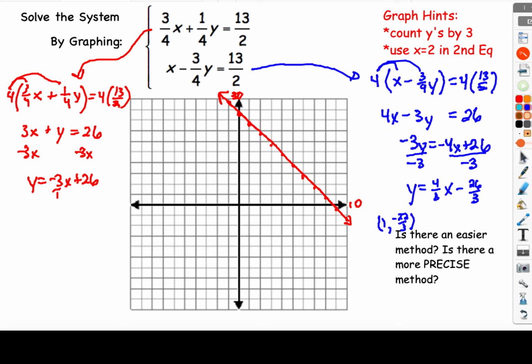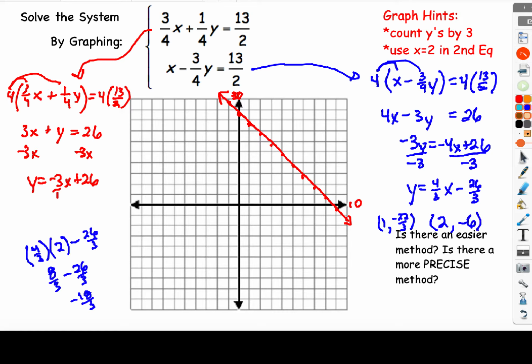That's not the prettiest point to plot. So why don't we plug in x as 2? 2 times 4/3 would be 8/3, and 8/3 minus 26/3 would be negative 18/3, which is just negative 6. That's a good point to plot.